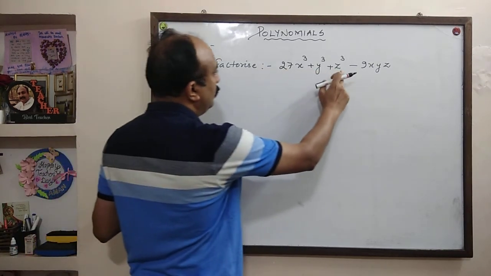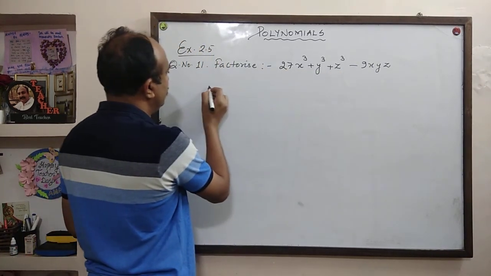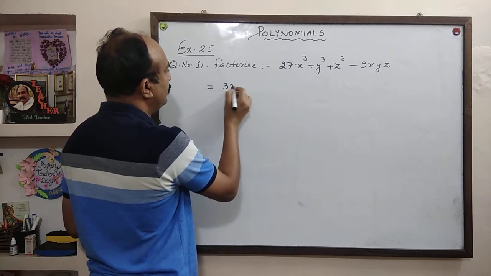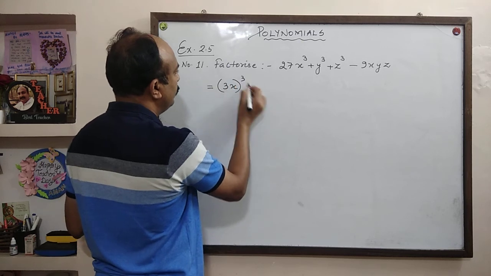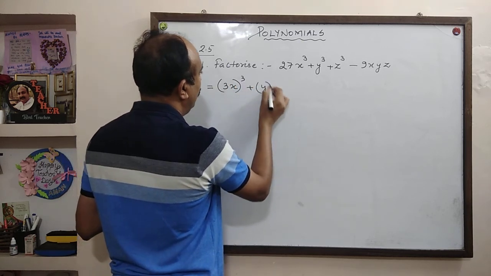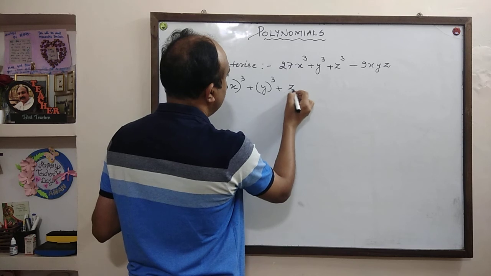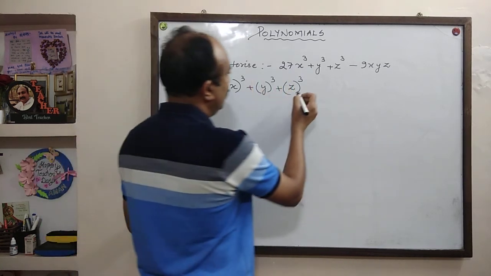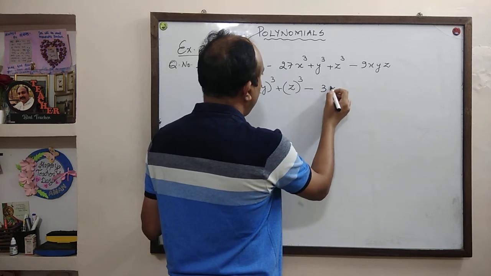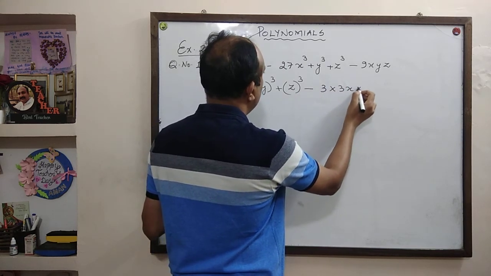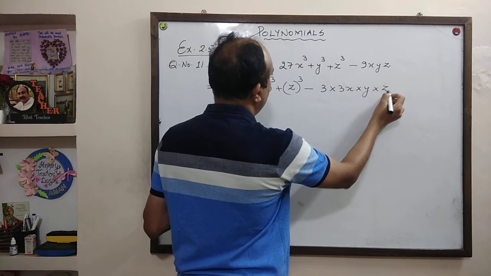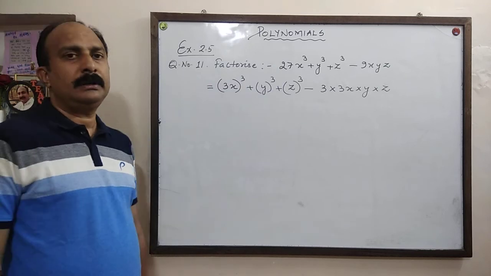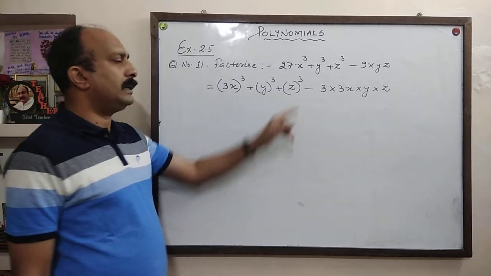So first of all, I am going to write it exactly in the form of that. 27x cube means 3x the whole cube plus y the whole cube plus z the whole cube, a cube plus b cube plus c cube minus 3abc, 3 into 3x into y into z. So we have shown what is a, what is b and what is c.